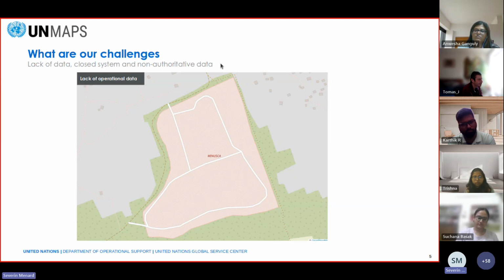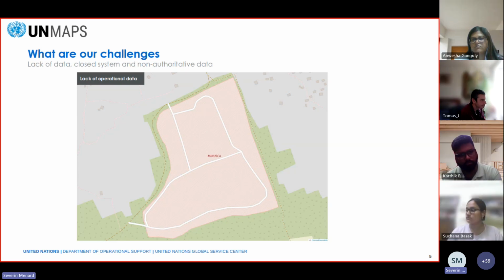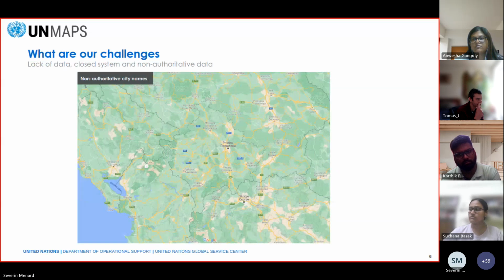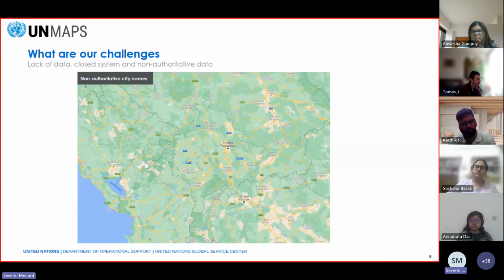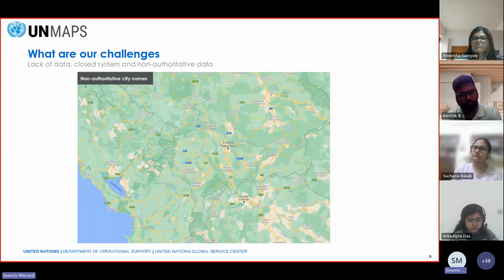For the UN, it's really important for some features to be really authoritative, and basically, these are the settlement names and the boundaries. So it cannot rely only on what is done by the crowd or by a private company like Google.